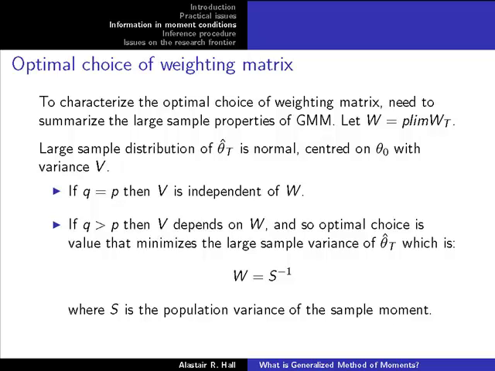So the weighting matrix is playing no role. If we have more moment conditions than parameters, Q greater than P, then V will in general depend on the choice of weighting matrix.